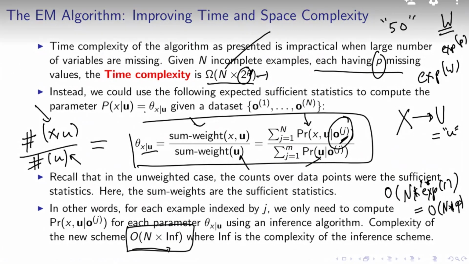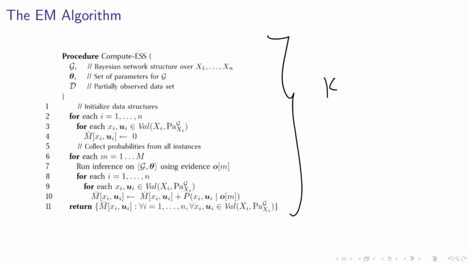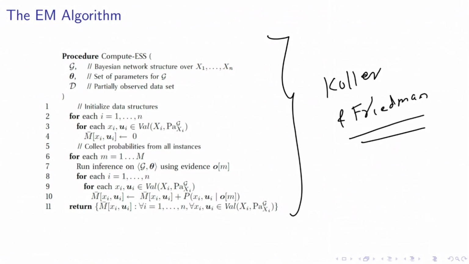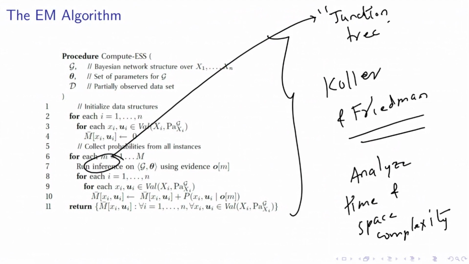Having discussed the EM algorithm, what I want you to do is read the precise algorithm given in the book by Koller and Friedman, try to understand the procedure, and try to analyze its time and space complexity, under the assumption that you are using the junction tree algorithm as your inference procedure.